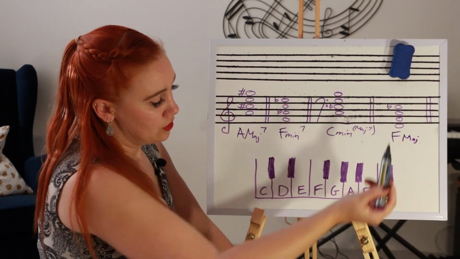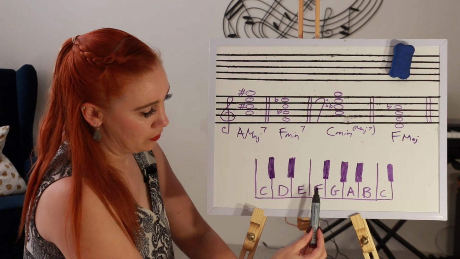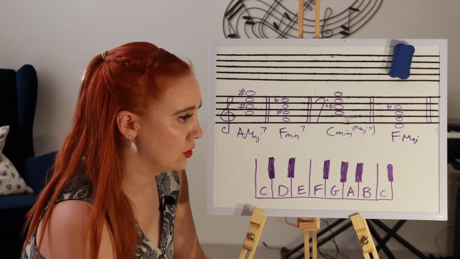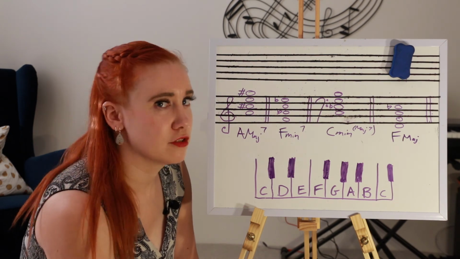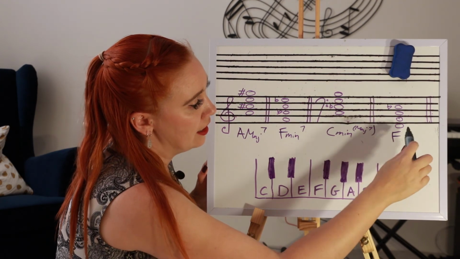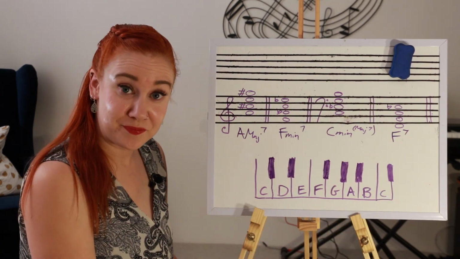And then F to E flat. So I'm going from the octave, 1, 2, that gives us a minor 7th. But we don't have an F major minor 7.